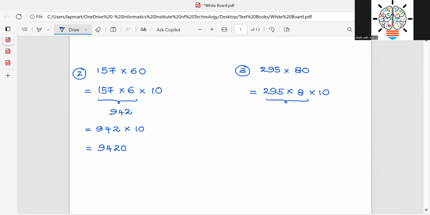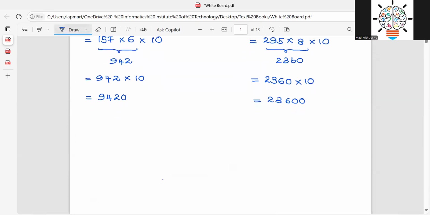So these things you want to do in your working column and show how you got the answer. 295 when you multiply by 8, it gives me 2,360. So then I rewrite this, 2,360 multiplied by 10 and my final answer 23,600. Right?